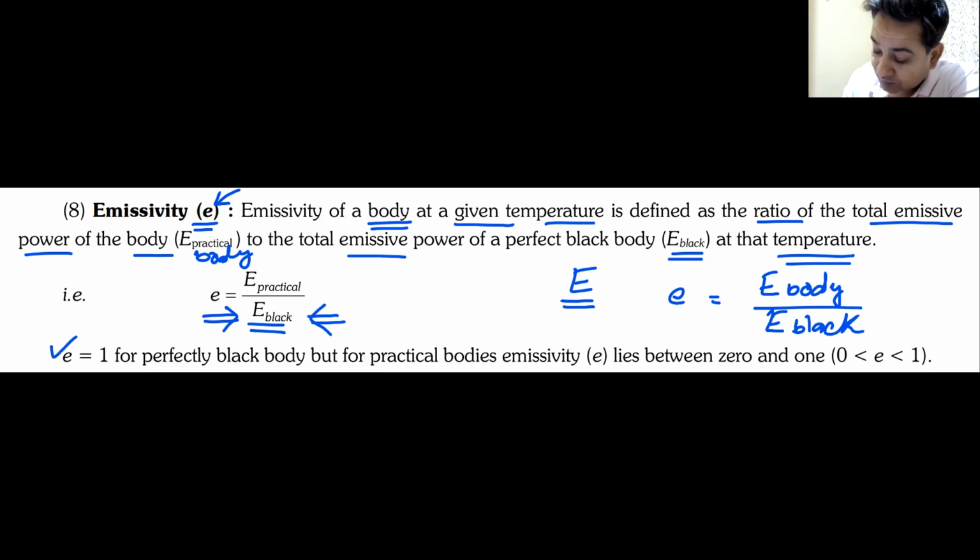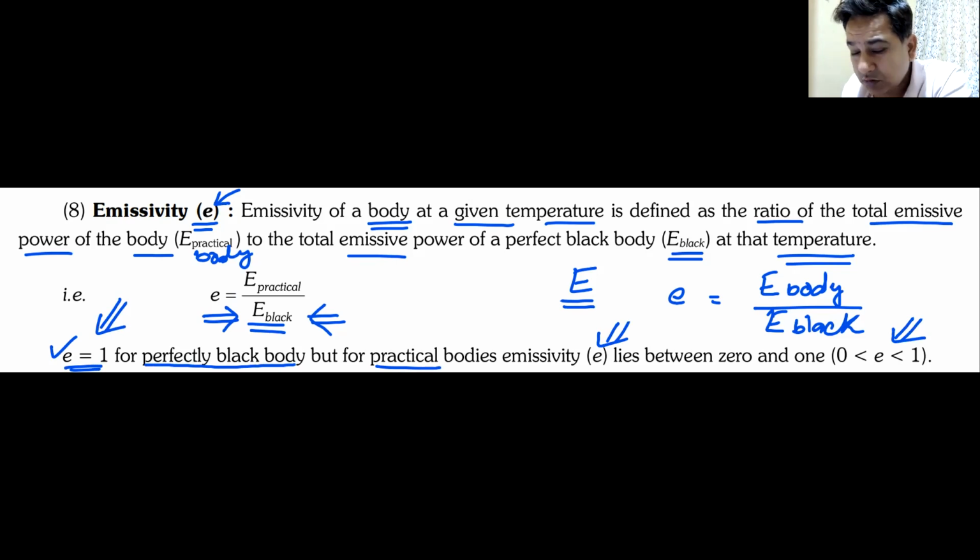Now, for a perfectly black body, the value of emissivity, or e, will be definitely 1. But for practical bodies, emissivity will always lie between 0 and 1. If emissivity becomes 0, that means the emissive power becomes 0. It is not emitting at all.